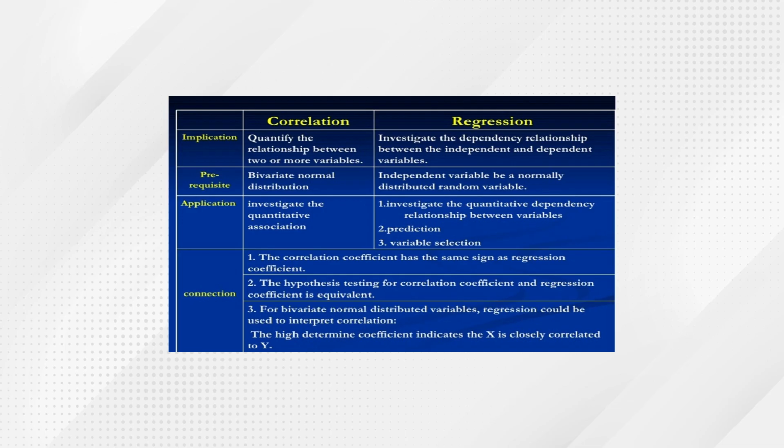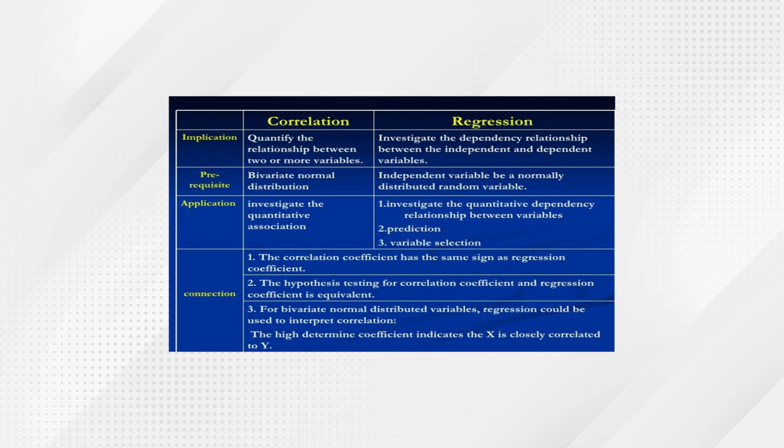As far as the prerequisite is concerned, correlation needs a bivariate normal distribution, and regression needs the independent variable to be a normally distributed random variable. As far as application is concerned, it is to investigate the quantitative association, the quantitative dependency relationship between variables, prediction, and variable selection. The correlation coefficient has the same sign as the regression coefficient, and the hypothesis testing for the correlation coefficient and regression coefficient is equivalent.